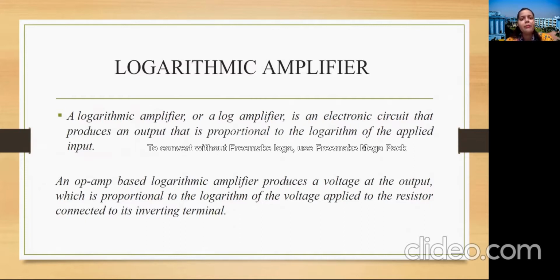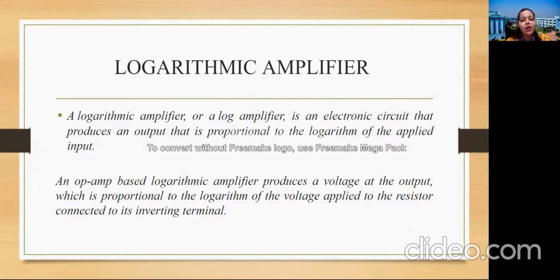So whenever the output voltage is proportional to the logarithm of the input voltage, and we can design that circuit using op-amp, that is defined as a logarithmic amplifier. A logarithmic amplifier, or log amplifier, is an electronic circuit that produces an output that is proportional to the logarithm of the applied input.